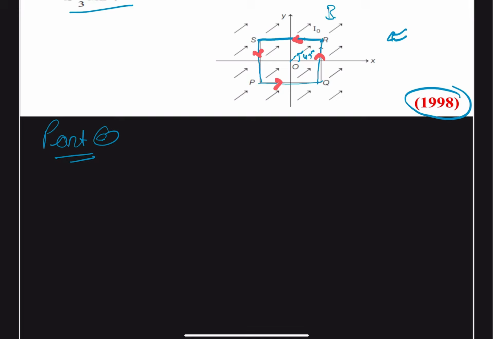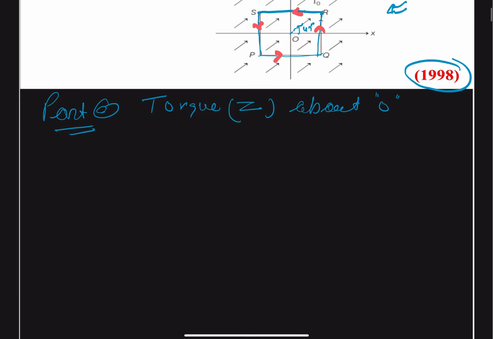Part A, we are going to find out torque tau about the center O. And to find out the torque, first of all, we calculate the magnetic dipole moment.